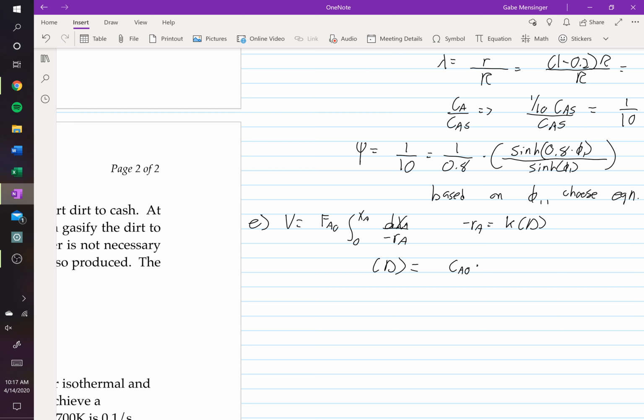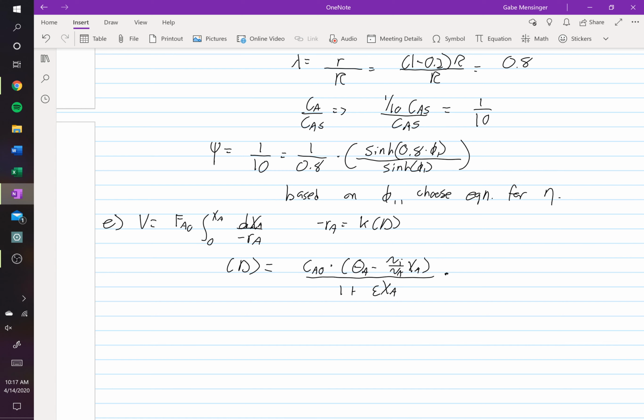In this case, it's going to be D because it's our only reactant, times theta_A minus nu_i over nu_A times X_A over 1 plus epsilon X_A, times T_0 over T times P over P_0.